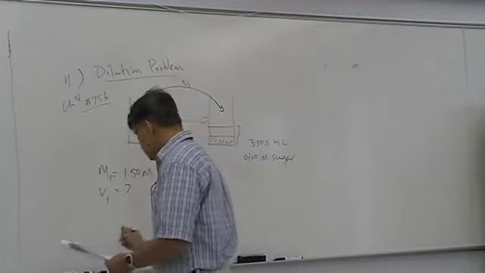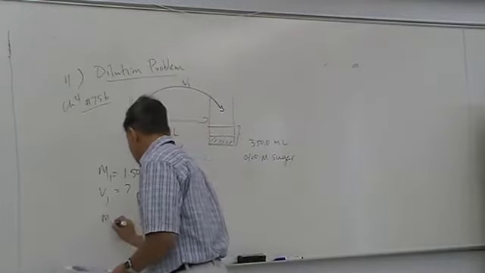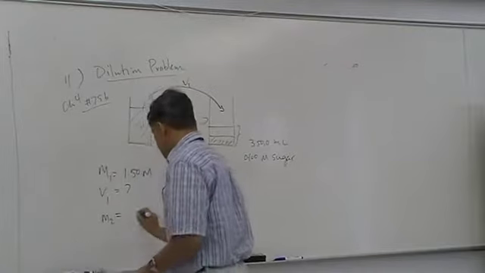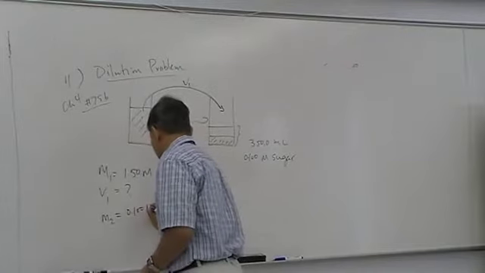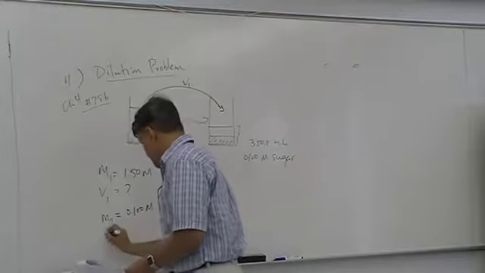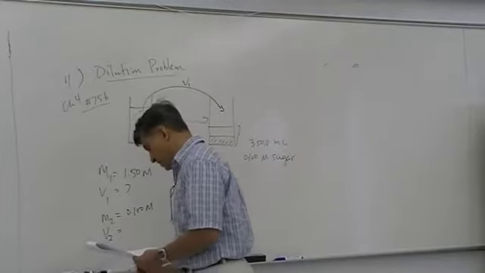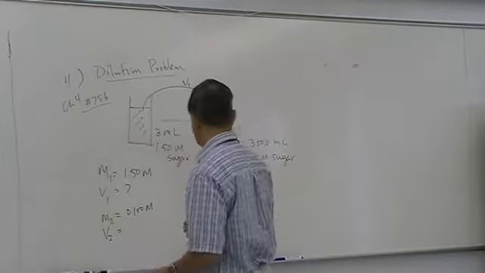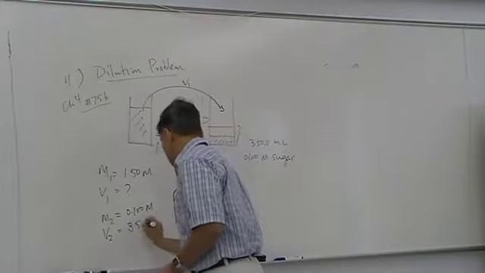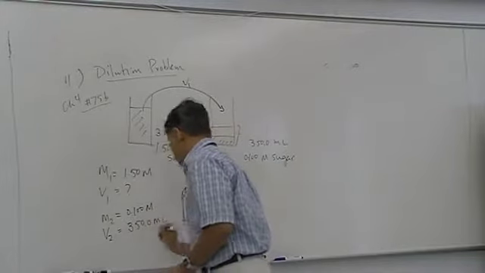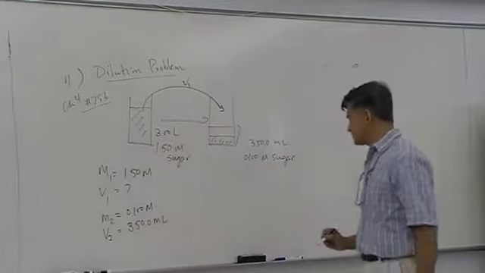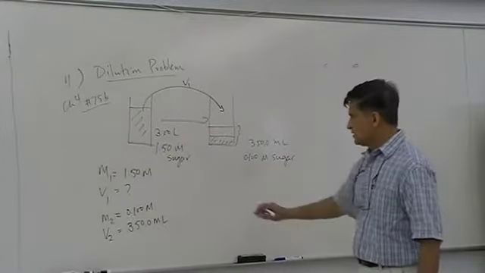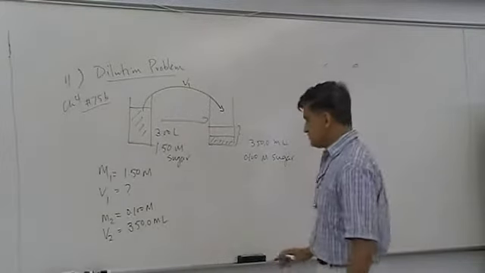And molarity 2, my intended molarity, is 0.100, and the intended volume is 350 ml. So first you write down like this before you solve the problem. So let's do the setup.